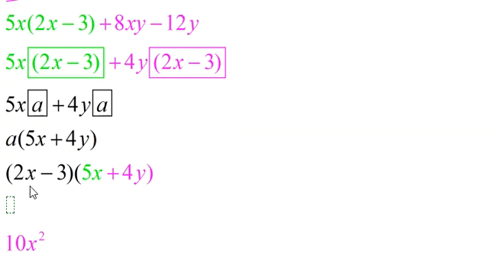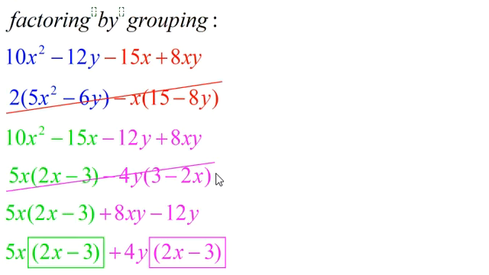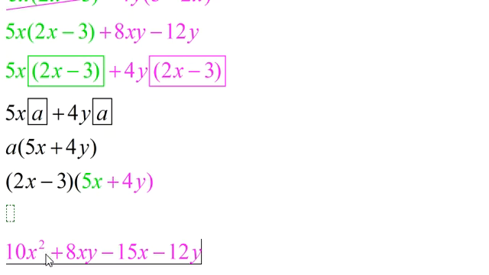Then you have 2x times 4y is plus 8xy, minus 3 times 5 is 15x, minus 3 times 4 is negative 12y. That is the same thing as the original, way back up here. It's just in a little different order, but it still has a positive 10x squared, a positive 8xy, and a negative 15x, and a negative 12y.